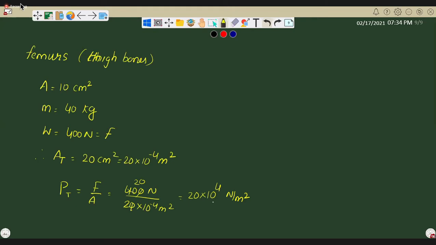Is there 2 atmosphere? No. See, atmospheres you will only use when it is inside your fluid. Whenever pressure is coming in the context of solids, use newton per meter square.